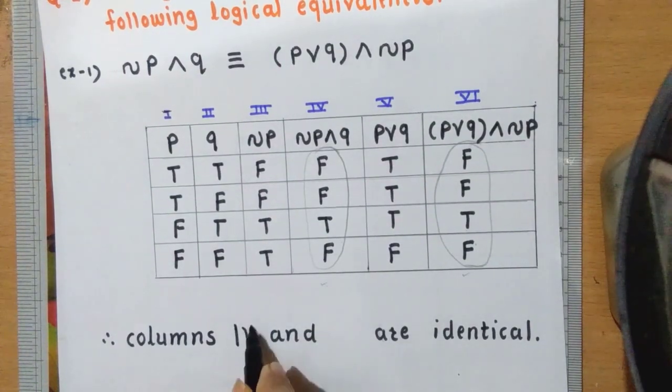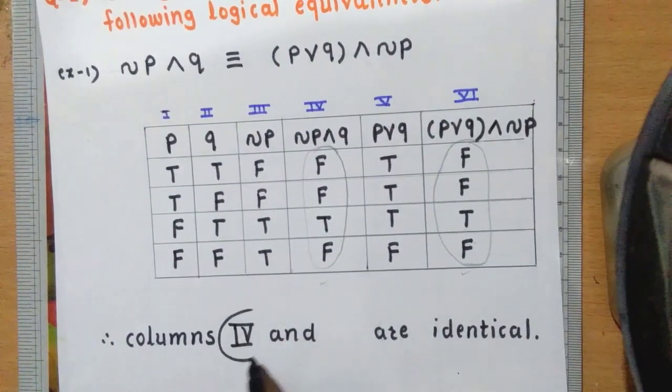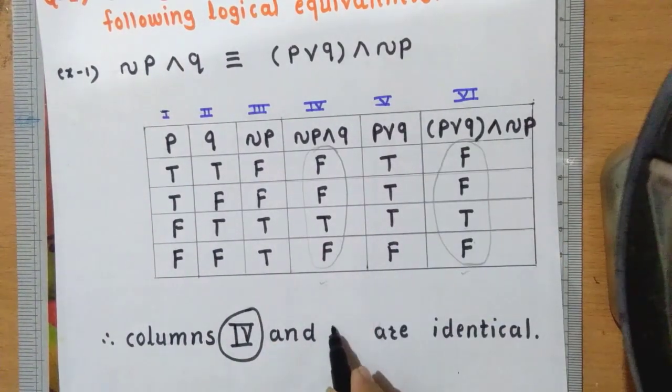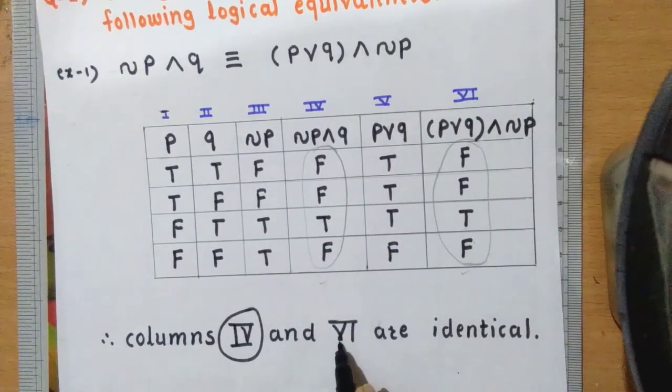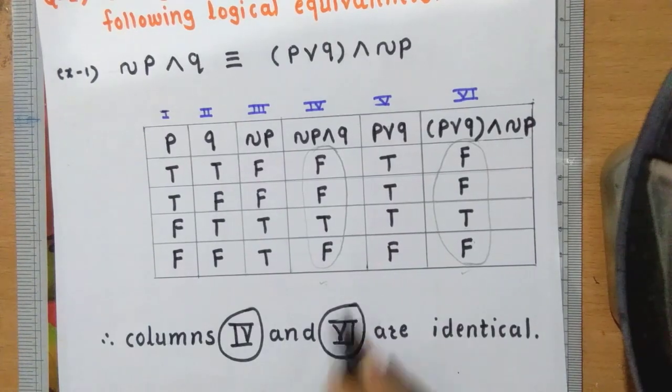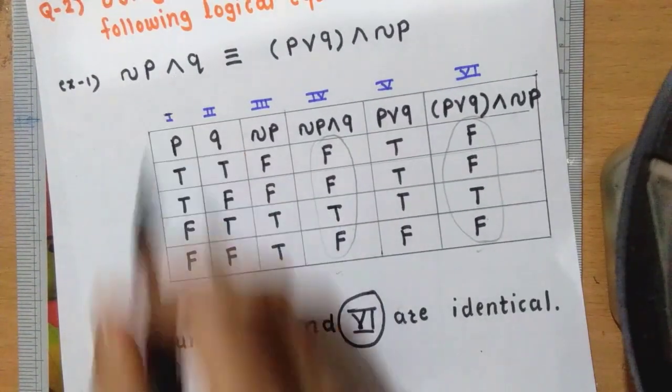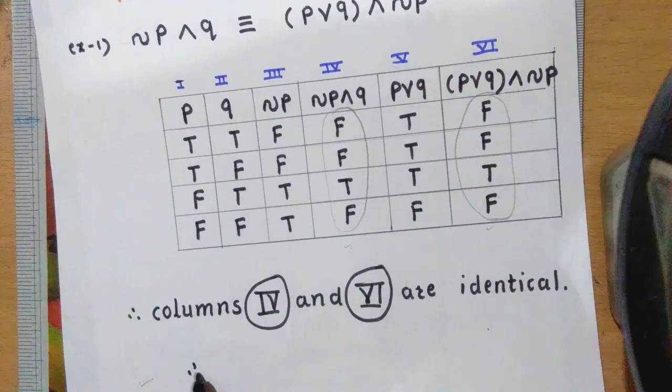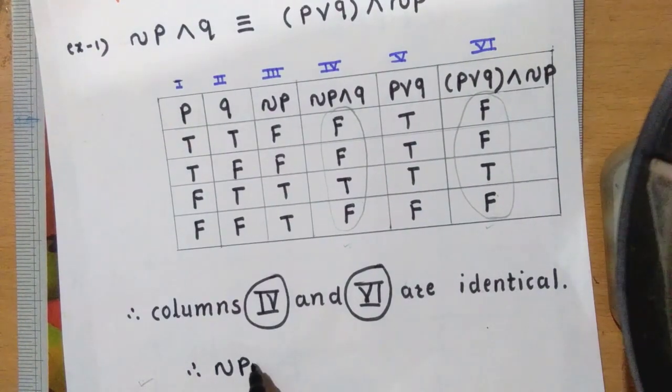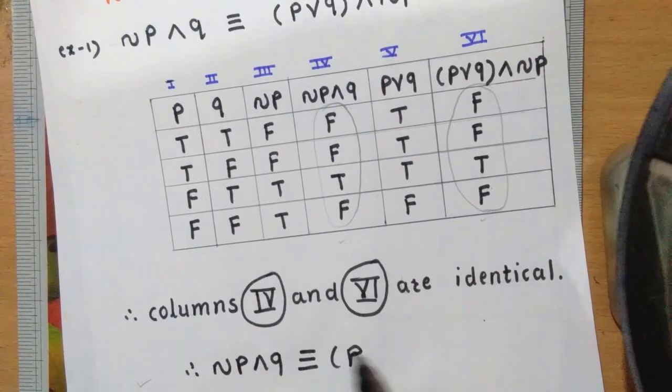So column 4, and this one is column 6 are identical. So again we have to write this. Therefore negation P conjunction Q equivalent to P disjunction Q conjunction negation P.